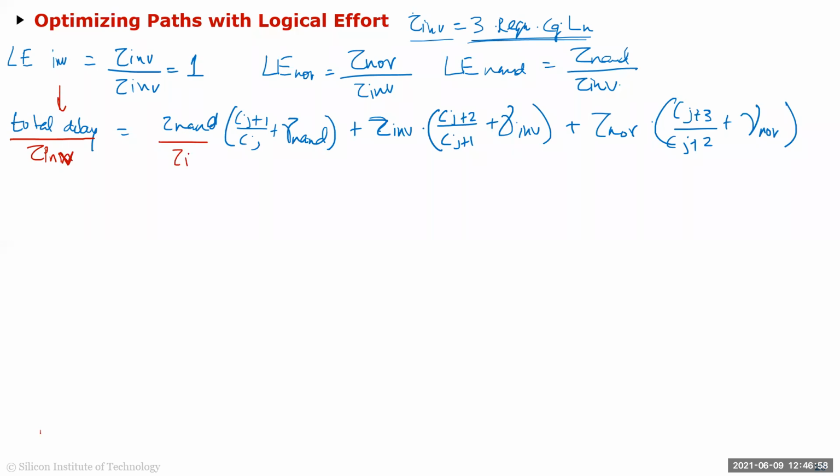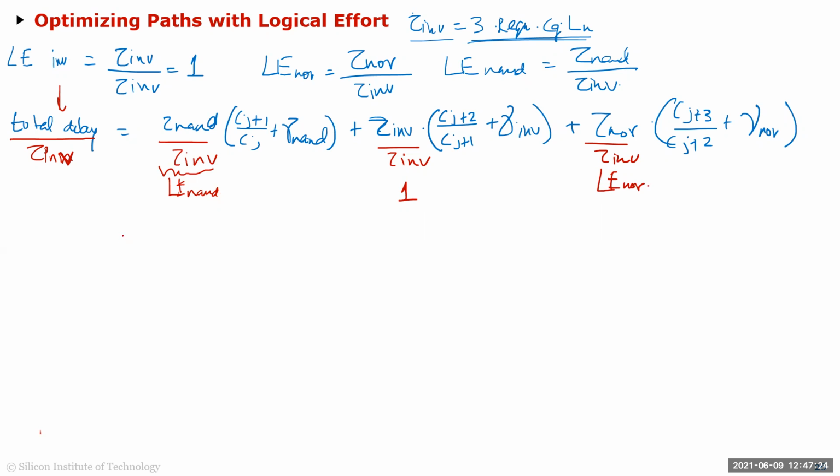So basically we are just going to do this, right? And by definition this is the logical effort for NAND, and this is obviously 1 because this is the inverter, and this is the logical effort for NOR, right?